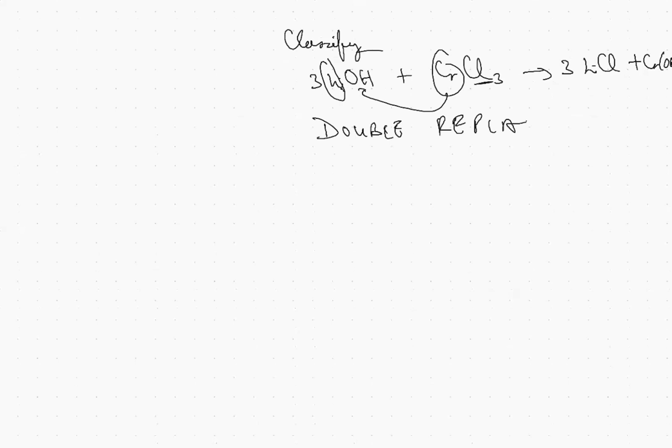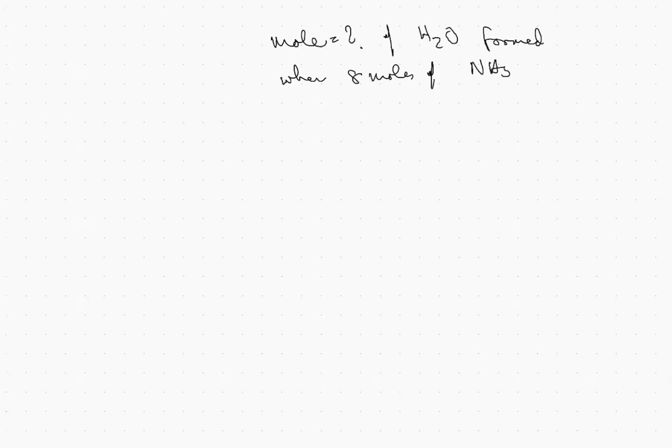Right, the next question. How many moles of water will be formed when 8 moles of NH3 are reacted? So they're given the formula, but it is always good to check whether it is a balanced equation.